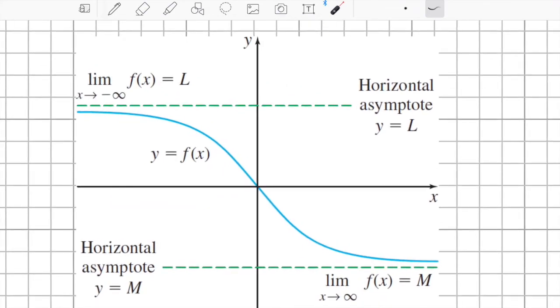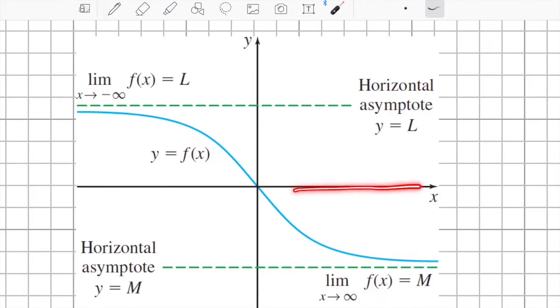Here's a look. As we take the limit as x approaches negative infinity, we get a number. So as we approach negative infinity, the graph is approaching a certain y value. So therefore, that's a horizontal asymptote, y equals L. Same thing, if we take the limit as x approaches positive infinity of f of x and you get a number, that's a horizontal asymptote.